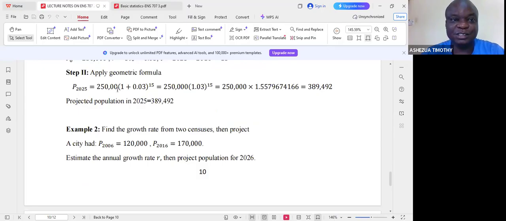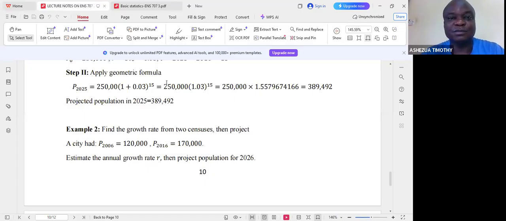As you can see, there's a mistake here. There's supposed to be a 0 here. The formula is P subscript T is equal to P naught into 1 plus R raised to the power T. If you add 1 plus 0.03, you have 1.03 raised to the power 15.